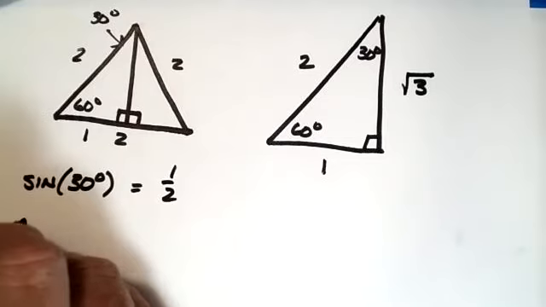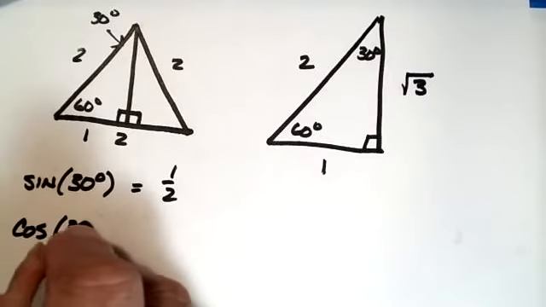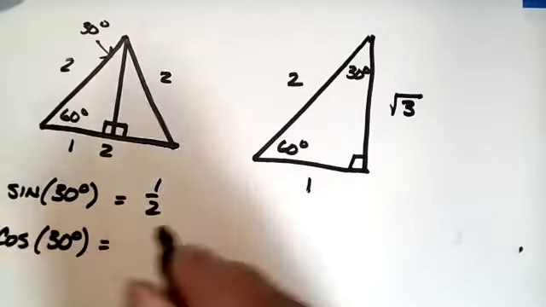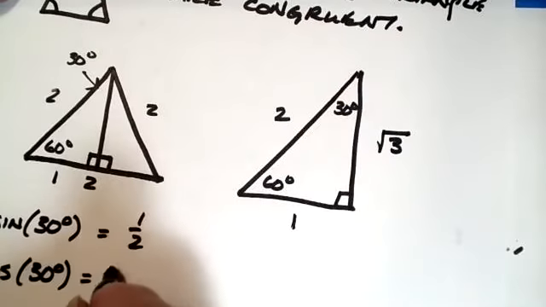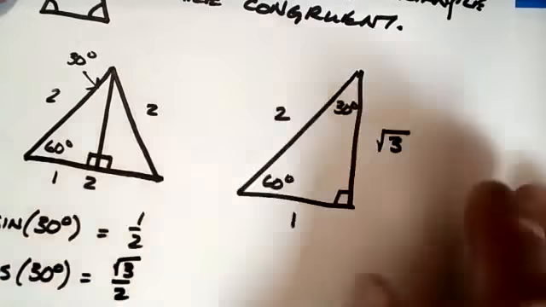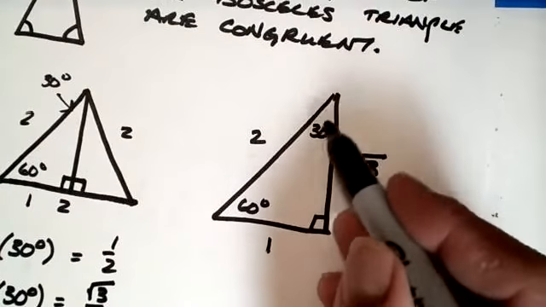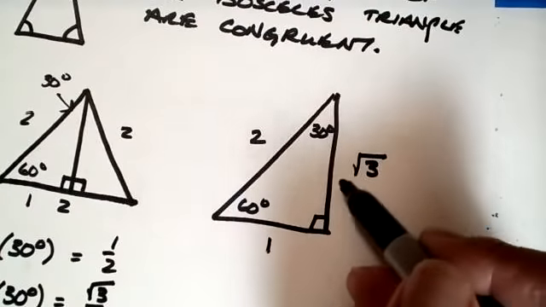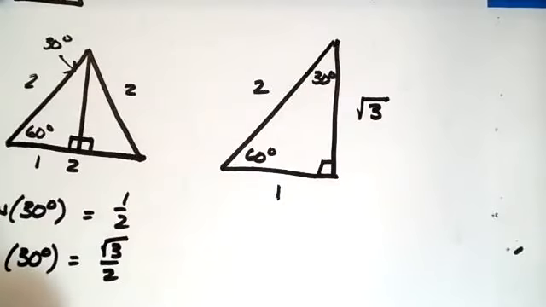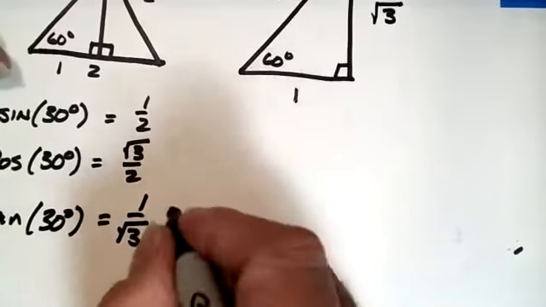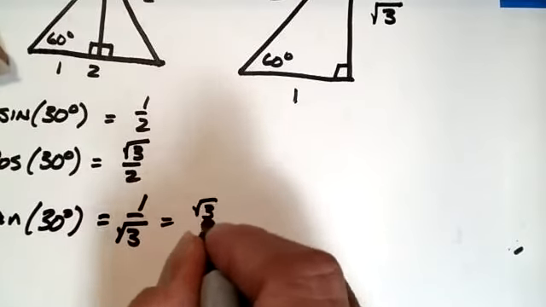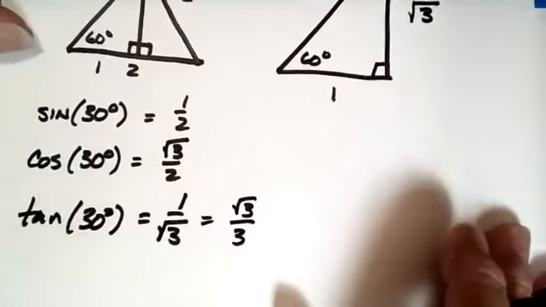What about the cosine of 30 degrees? Well, the cosine of 30 degrees is, well, here's the 30, so it's adjacent over hypotenuse, square root of 3 over 2, and then the tangent is opposite over adjacent. So tangent of 30 degrees is equal to 1 over root 3, which we know needs to be simplified to square root of 3 over 3.